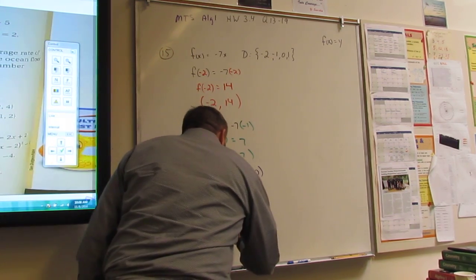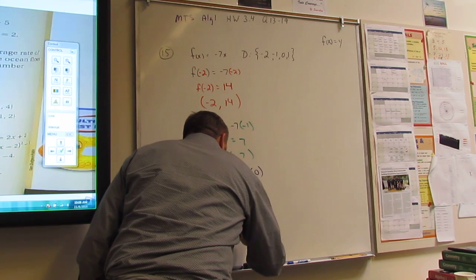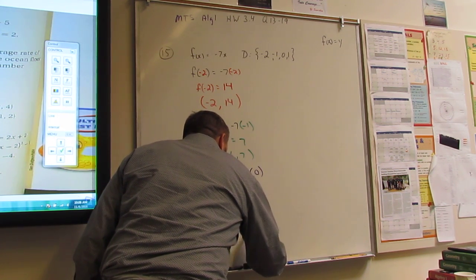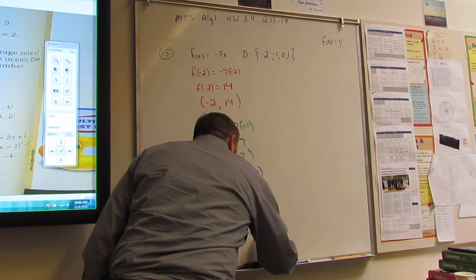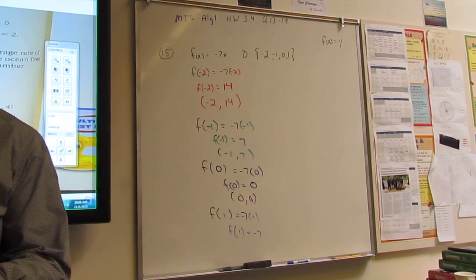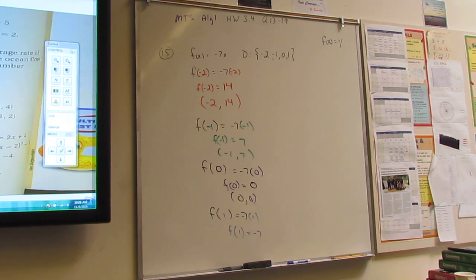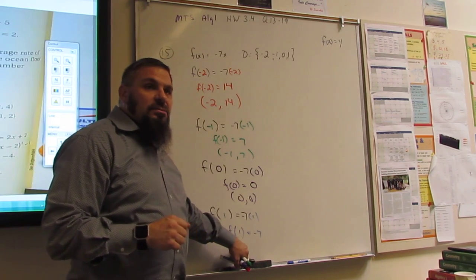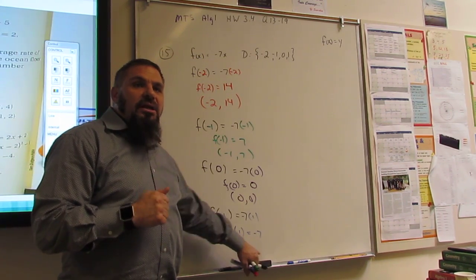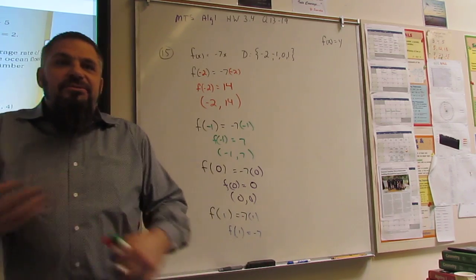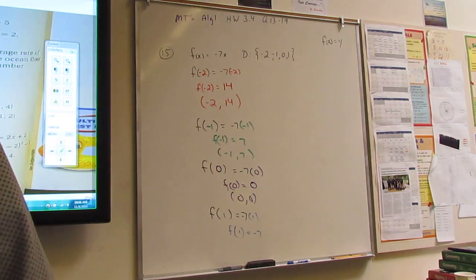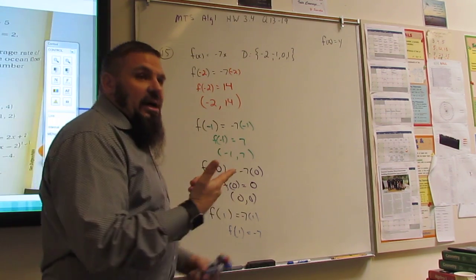Okay? So when you plug in 1, you get a negative 7. 1 times negative 7 is negative 7. This isn't hard math, right? The hard part is graphing it, right?